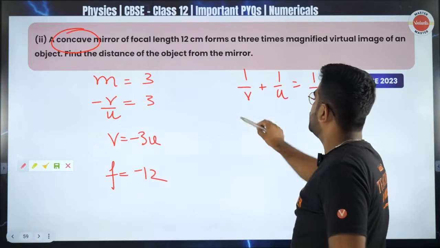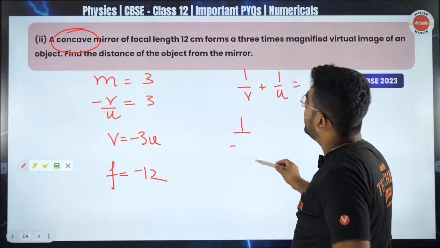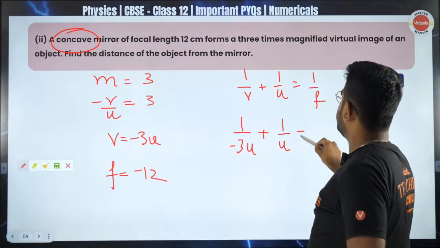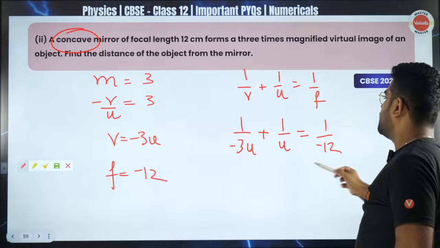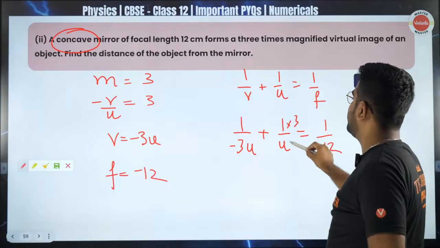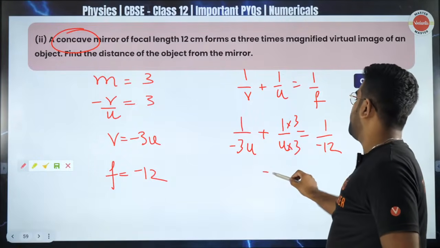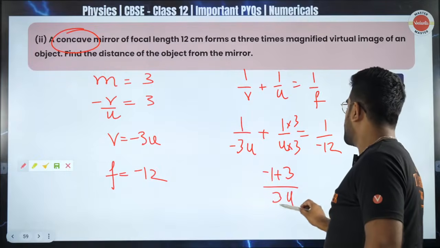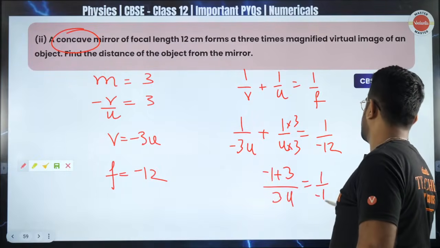Mirror formula: 1 by V plus 1 by U is equal to 1 by F. So take LCM, multiply by 3: minus 1 plus 3 by 3U is equal to 1 by minus 12.